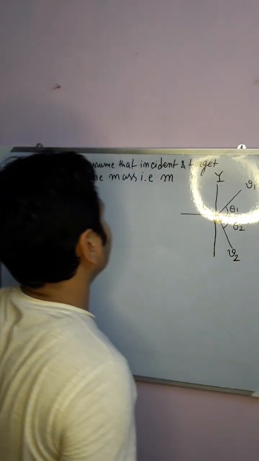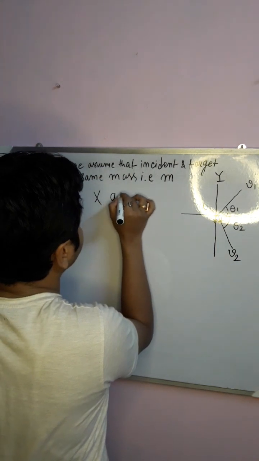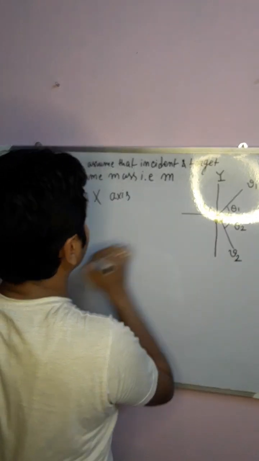What will be the law of conservation of linear momentum along the x-axis? Say this is u1.